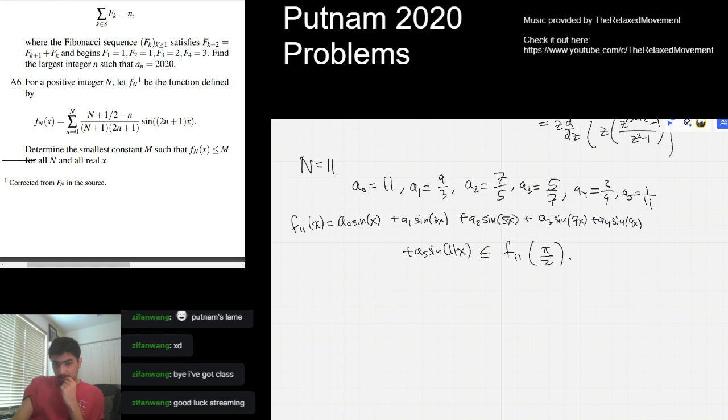Yeah, so how would we do this? So if sine x is sufficiently less than 1, I think we have to use the size of these coefficients non-trivially.